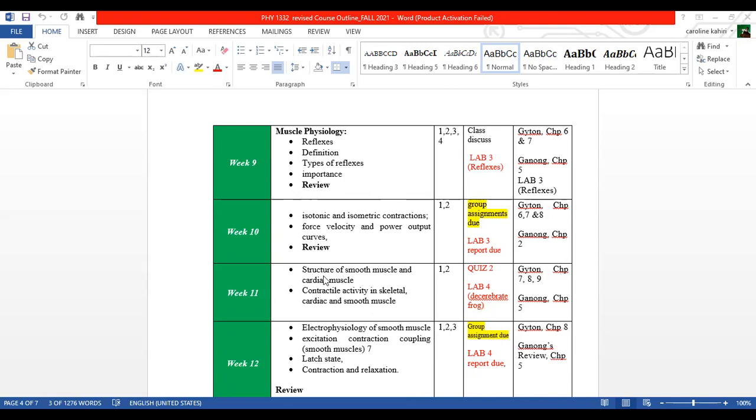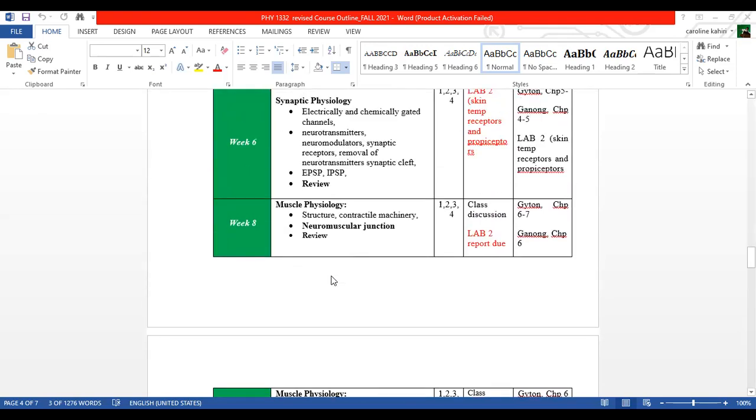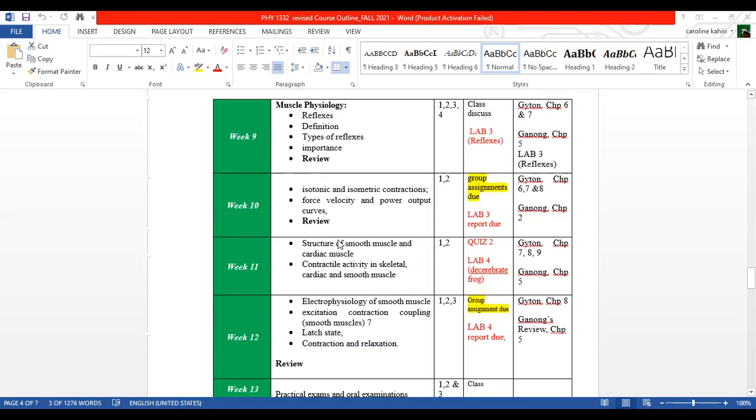So I'm going to quiz you on that and everything else from week 8 up to today, because I'm not going to talk about contractile activity of smooth and cardiac muscle. So next week, hopefully, I'll finish on that, and that will be week 11.